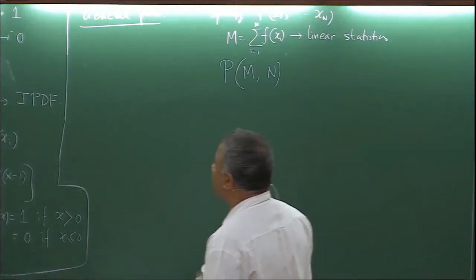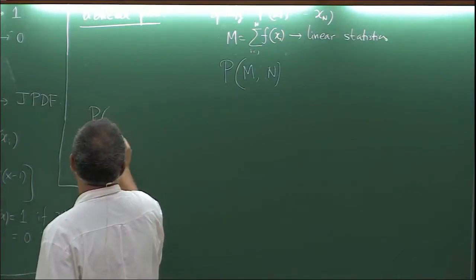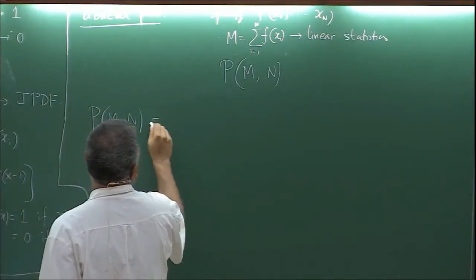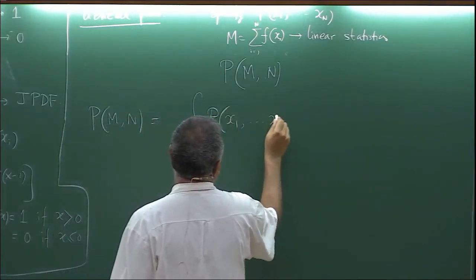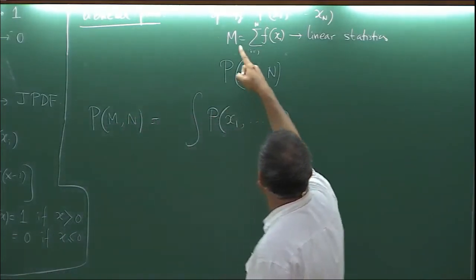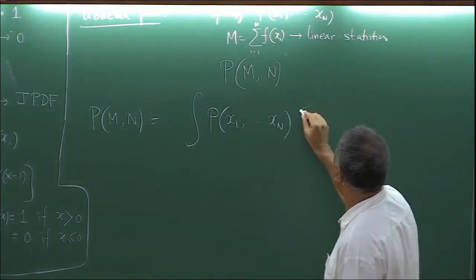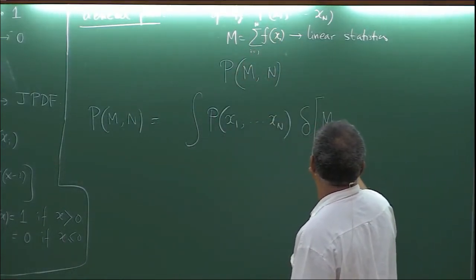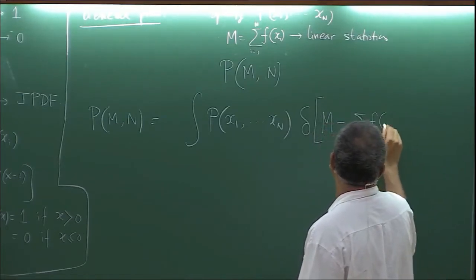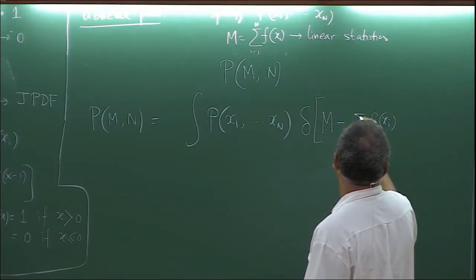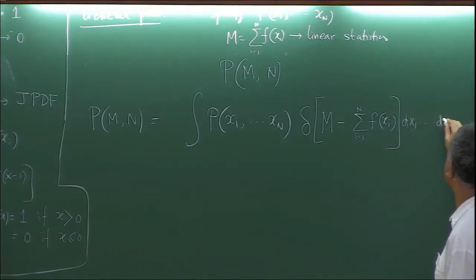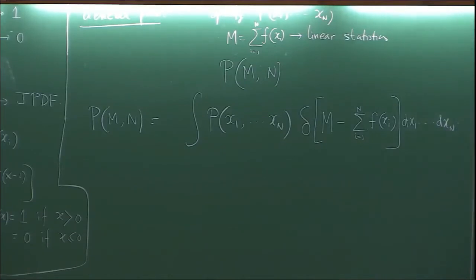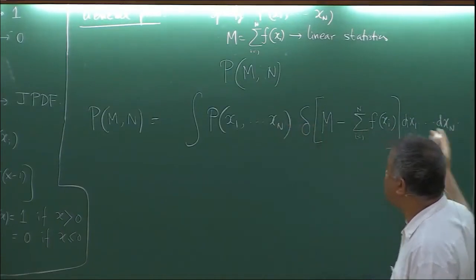P of m, n, in general: I have this joint distribution of these variables, and all I have to do is stick in a delta function, m minus the sum of f of xi, and integrate over dx1 through dxn. The main problem is that when it doesn't factorize, it's very hard to do this multiple integral.